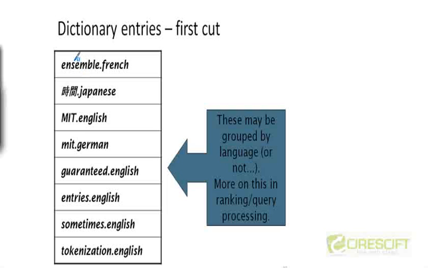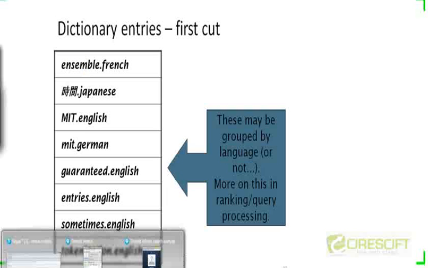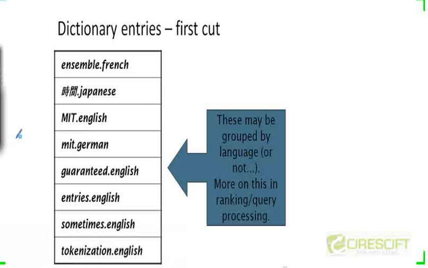Now, one thing that I mentioned a few slides ago was the fact that a single document or a single corpus, a set of documents, could have words or documents from multiple languages. We saw an example of a German sentence which mentioned MIT, the university, and there could be other German documents which refer to MIT, the German word.